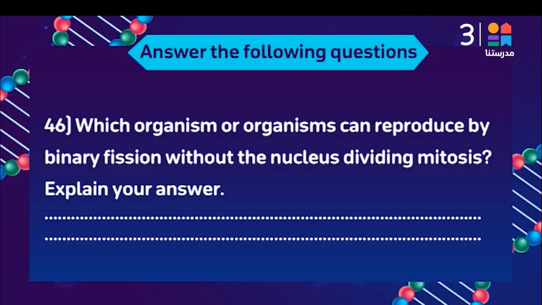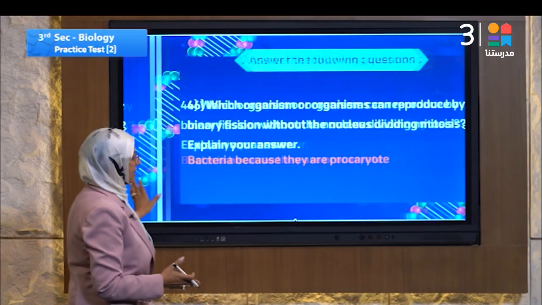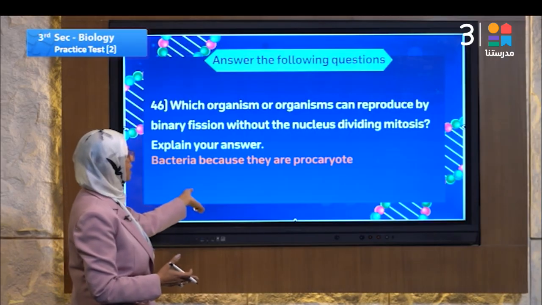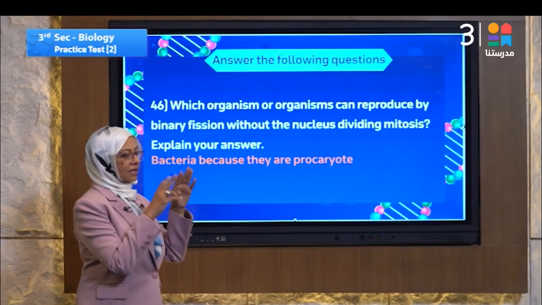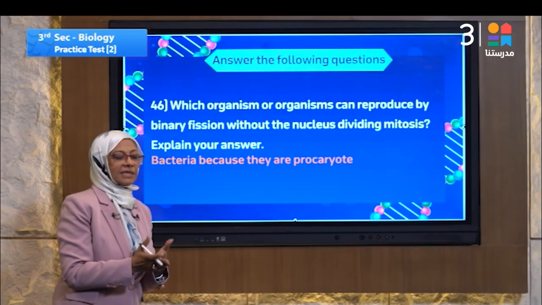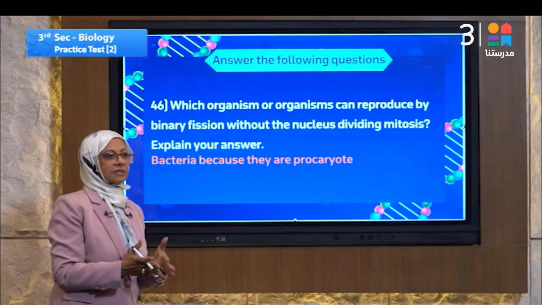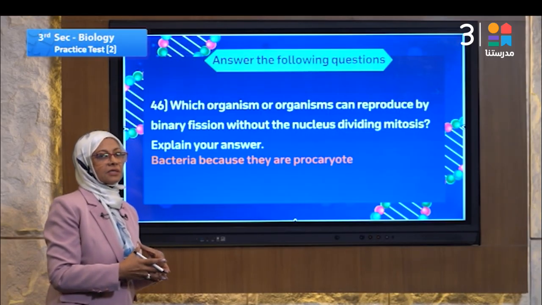The last question: which organism or organisms can reproduce by binary fission without a nucleus? Binary fission without a nucleus means it's a prokaryote, not dividing by mitosis. Explain your answer. That means bacteria, because they are prokaryotes without any nucleus, no nuclear envelope. That means the genetic material floats in the cytoplasm.